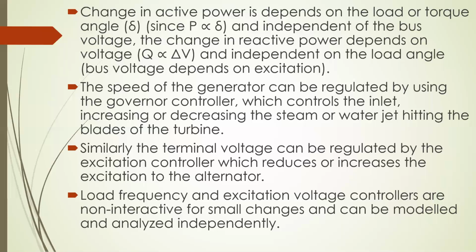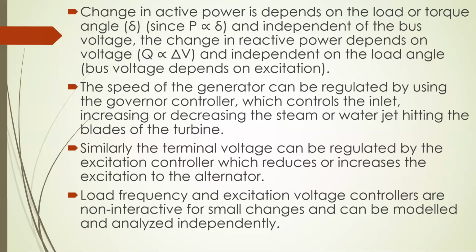In this chapter, one of the most important derivations as well as concepts is the speed governor control mechanism, which controls, by increasing or decreasing, the steam or water jet hitting the blades of the turbine. If we are using a steam turbine, it controls the steam input. If we are using a hydel generating station, it controls the water input to the turbine blades.